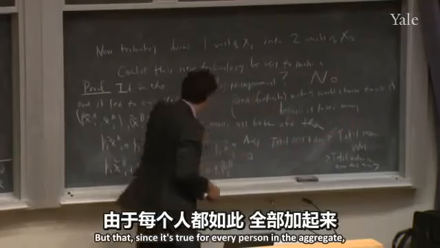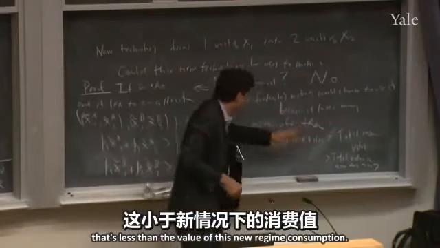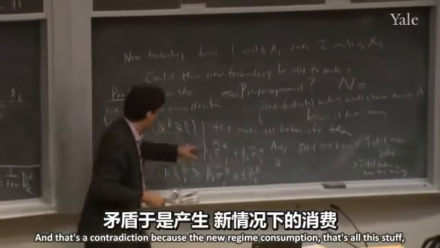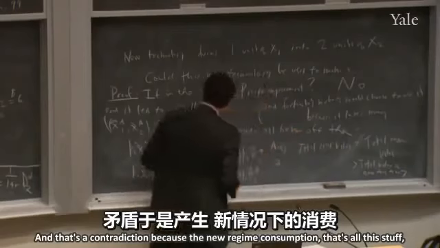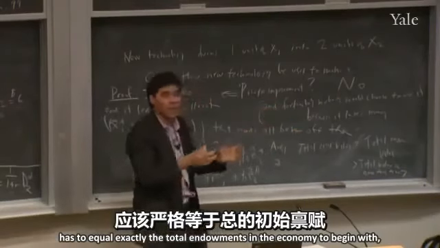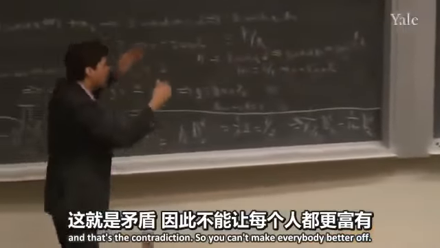But since that's true for every person, in the aggregate that's less than the value of this new regime consumption. And that's a contradiction, because the new regime consumption has to equal exactly the total endowments in the economy to begin with. That's the contradiction. Okay? So you can't make everybody better off.